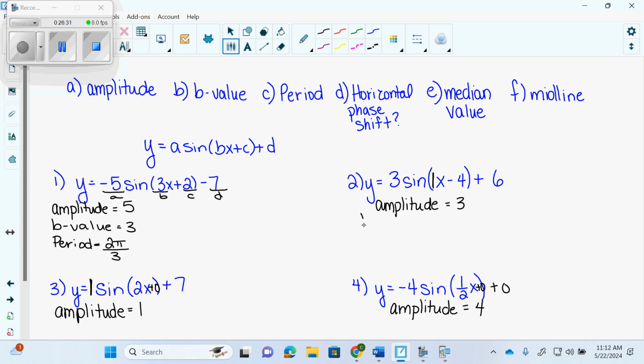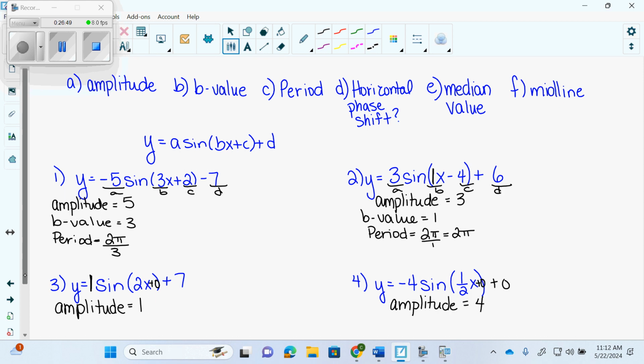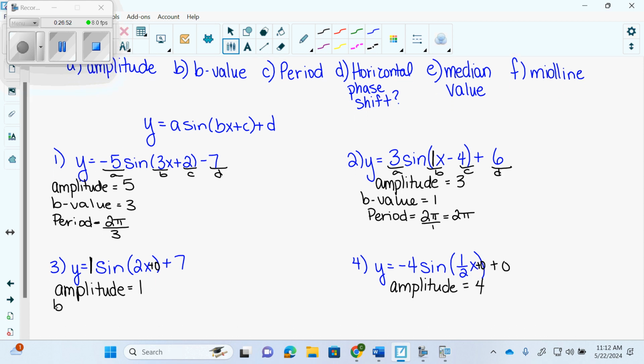Okay, what's the B value of this one? A, B, C, D. So my B value equals 1. And the period is 2 pi over 1, which is just 2 pi. All right. The B value of this one, A, B, C, D. So the B value is 2.